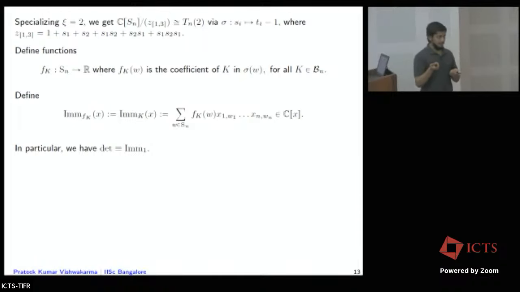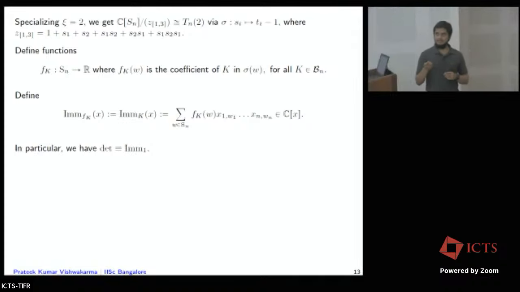Combinatorially, without going into too many details, we know that the determinant counts families of non-crossing paths. Temperley-Lieb immanants count a collection of generalized wiring diagrams that respect the immanant k and the basis element k in some sense.